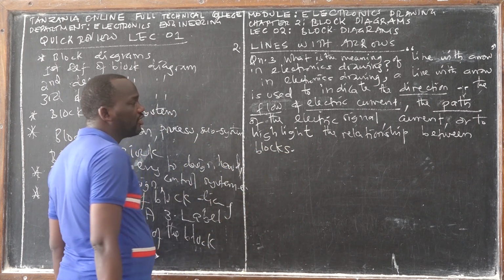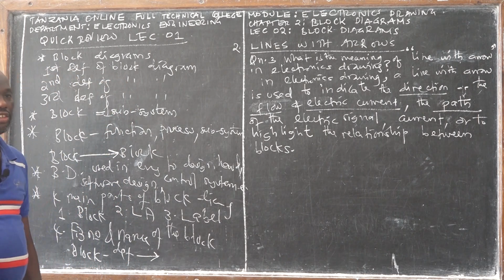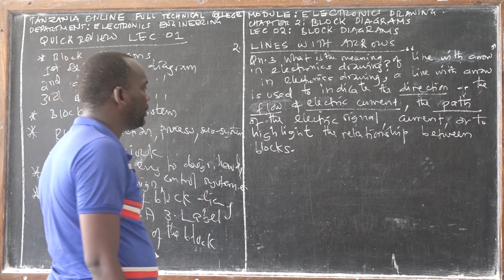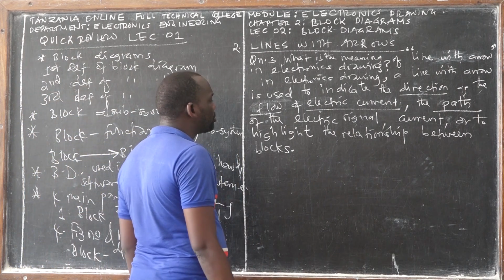So this is the meaning of a line with arrow in the context of electronics drawing. So a line with arrow is used to indicate what?